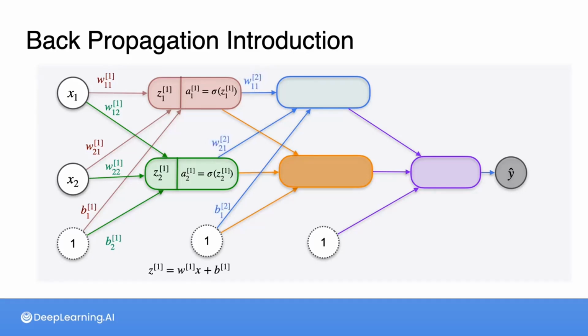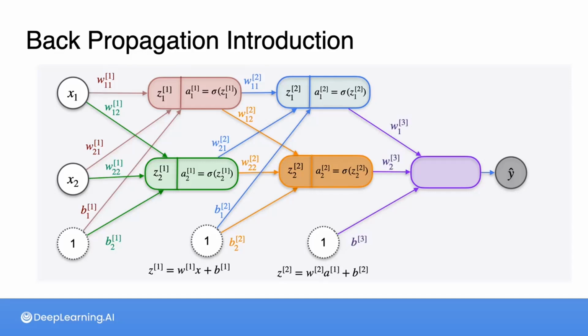Any weight and bias of the second layer is going to have a superscript 2, as well as the Z's and the A's, which are obtained by applying sigmoid on the Z's. And finally, anything on the third layer is going to have a superscript of 3. And you can imagine that if I continue adding layers, we're going to keep having superscripts of 4, 5, 6, etc. And so that's a pretty consistent notation for all the weights in a neural network.